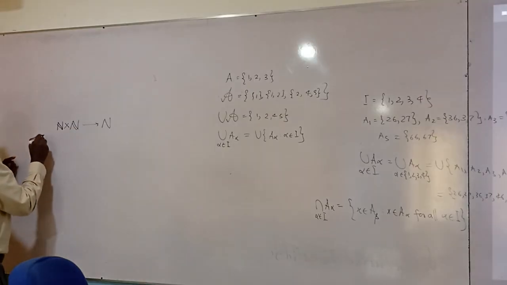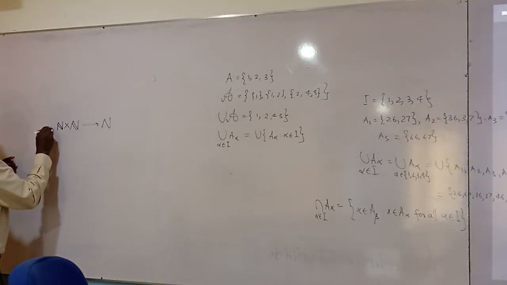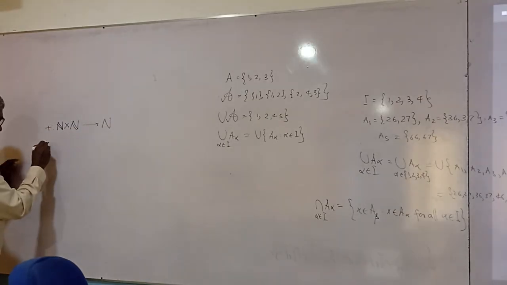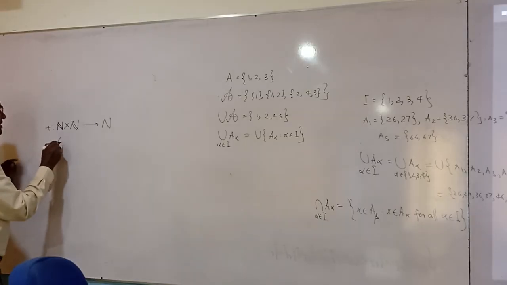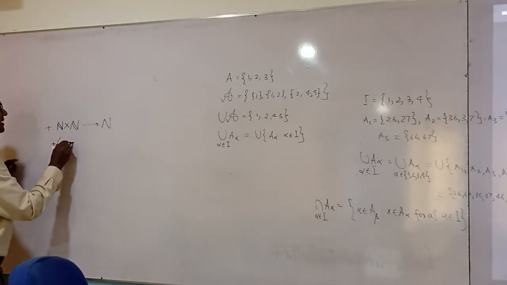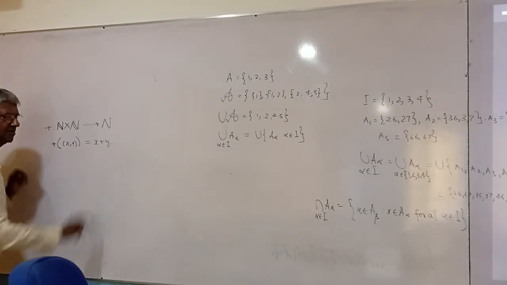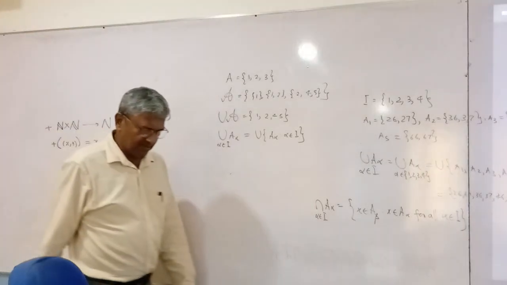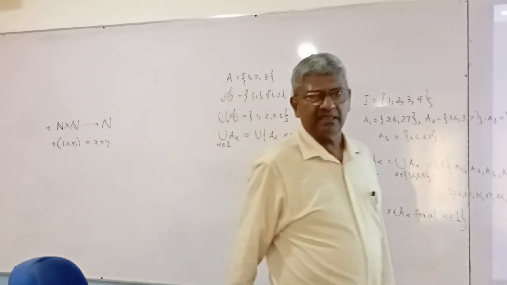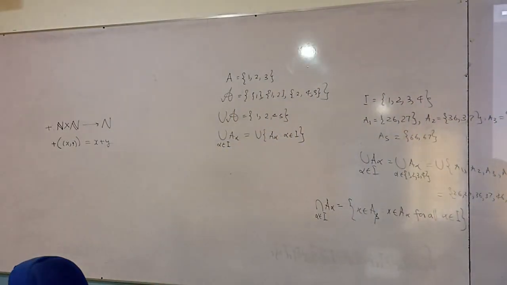You have a function plus. Plus goes from here to there. Plus of xy is x plus y. You can consider plus as a function going from n cross n to n.